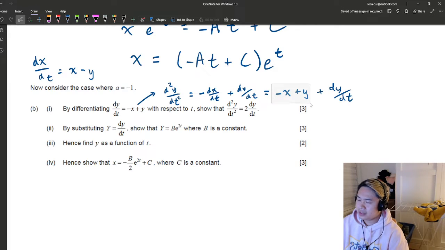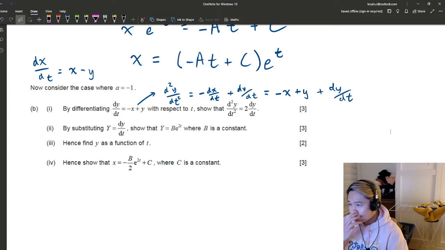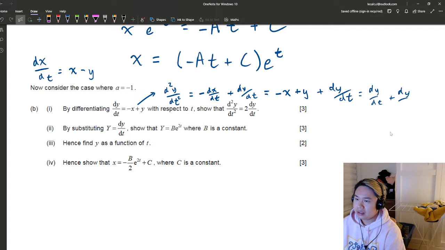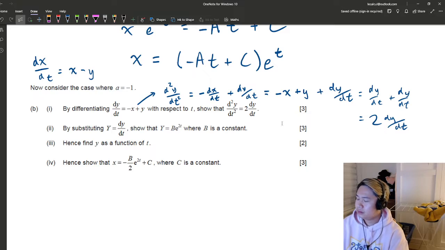And then I need to show that this is 2 dy/dt because you're supposed to have two of them and this is one of them. Oh, and it's right here. Okay, so this is equal to dy/dt plus the other dy/dt, which is 2 dy/dt. Nice.